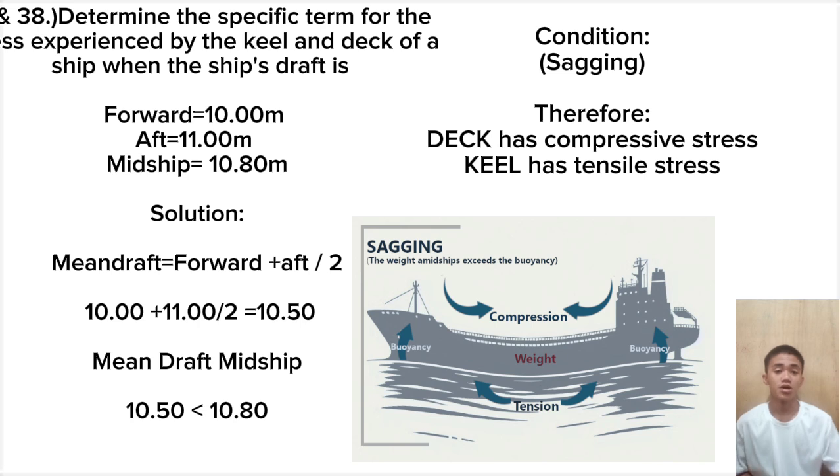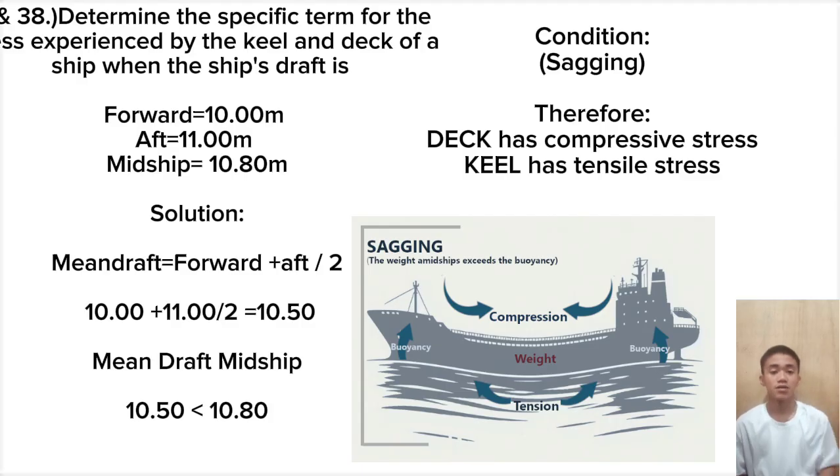The midship is 10.80 meters. By calculation, the average of forward and after drop is equal to 10 plus 11 divided by 2, which is equal to 10.5 meters. So the comparison is the midship drop is 10.80 meters and the average drop is 10.5 meters. So my conclusion is a sagging condition.